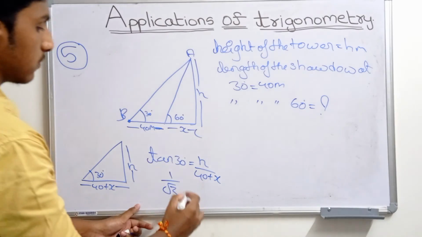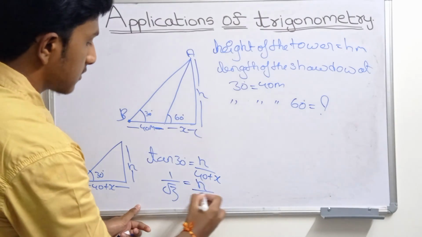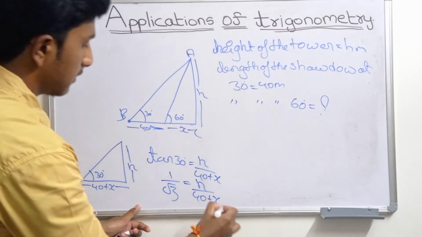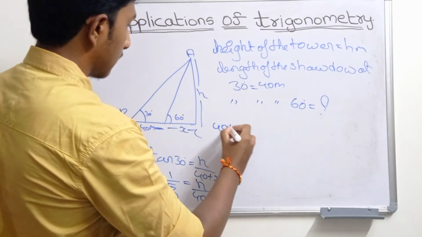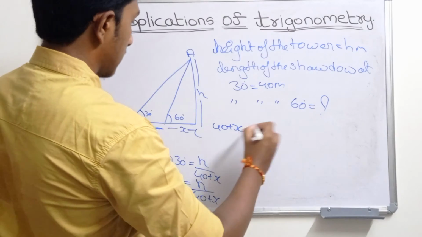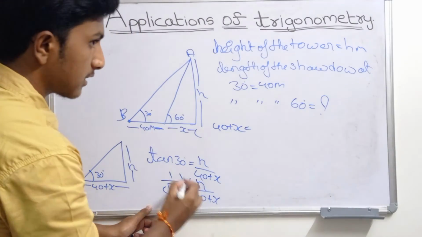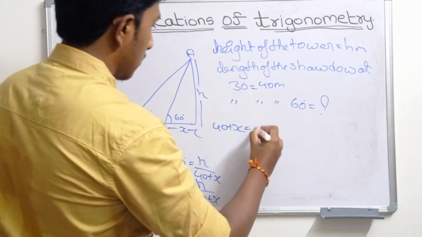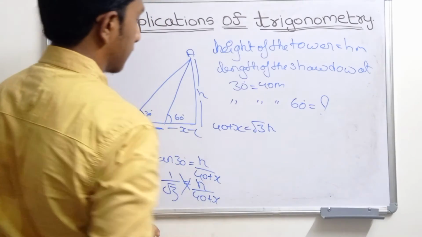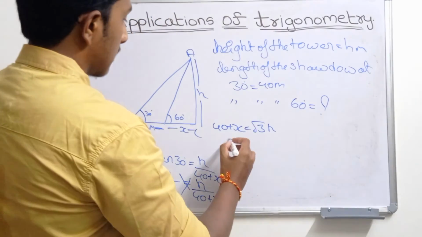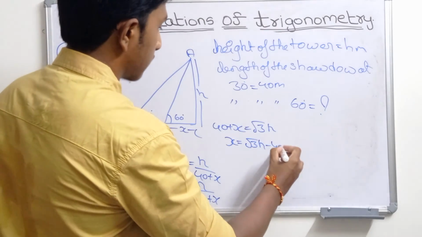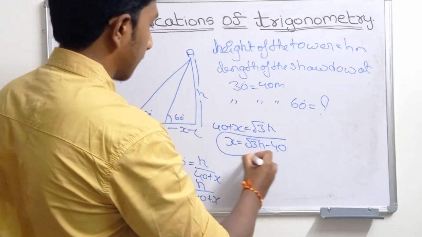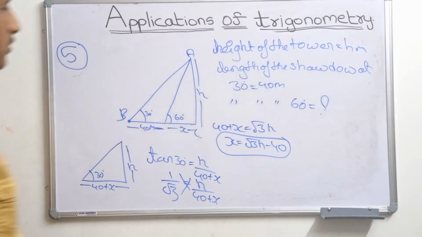That means h by 40 plus x equals 1 by root 3. On cross multiplying, 40 plus x is equal to root 3h. That means x is equal to root 3h minus 40.